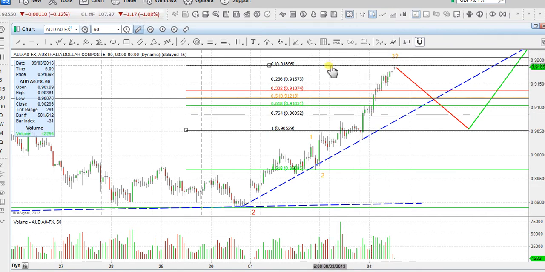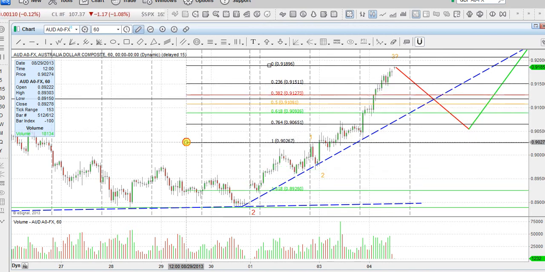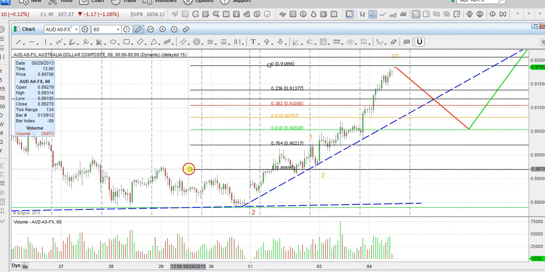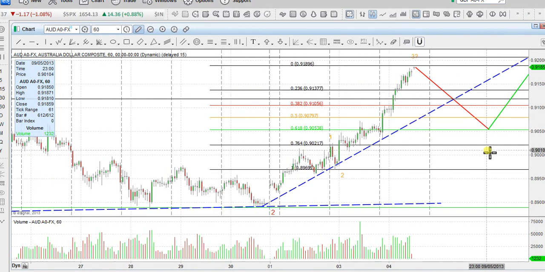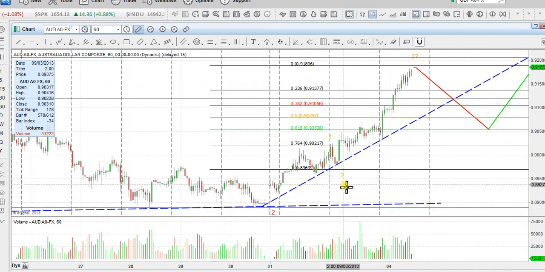And now our wave 4, we're expecting that to terminate at the 61.8% mark. So we are expecting prices to push down towards that 0.905 level, and at that point we'll look to enter long and try to see if we can take advantage of that 5th and final wave, which travels slightly over 100 pips.